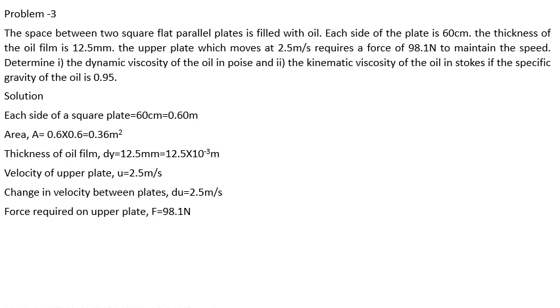The force required on the upper plate, F, is equal to 98.1 Newton. Now using the expression for shear stress, the shear stress is equal to force by area. The force is 98.1 and the area is equal to 0.36 meter square.